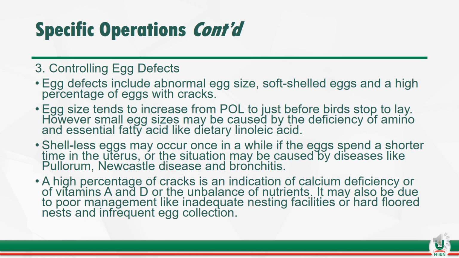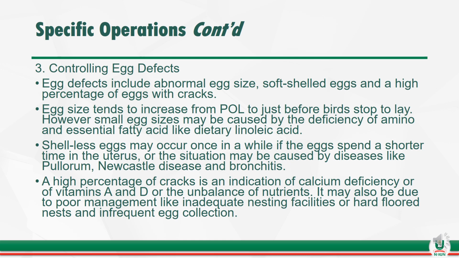We also look at another specific operation which is called egg defects control. Egg defects include abnormal egg size, soft-shelled eggs, and a high percentage of eggs with cracks. Now, egg size tends to increase from point of lay to just before birds stop laying.